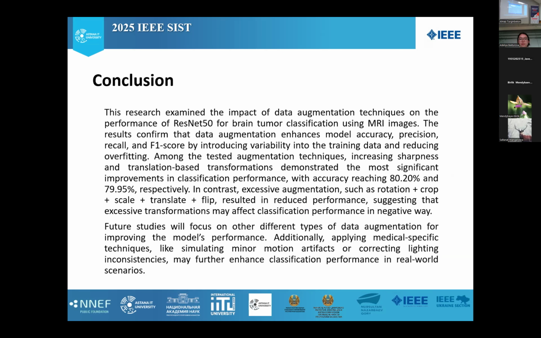So this outcome highlights an important consideration: while data augmentation can enhance robustness and metrics, the optimal balance must be maintained to preserve critical diagnostic characteristics in MRI scans.